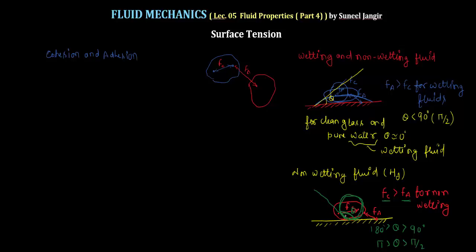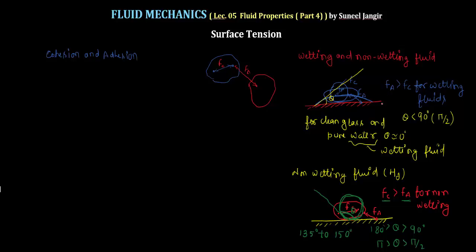In the case of mercury and glass, the angle range is approximately 135 degrees to 150 degrees. That's why mercury is a non-wetting fluid. It will never wet the surface, and water is a wetting fluid.